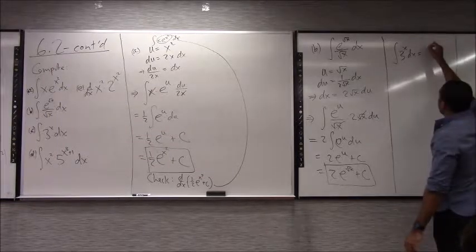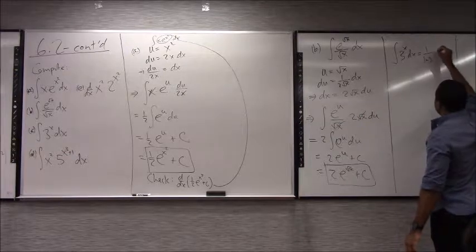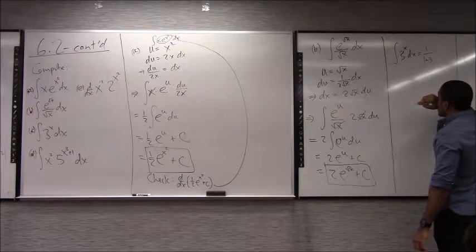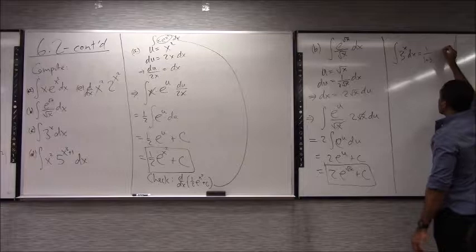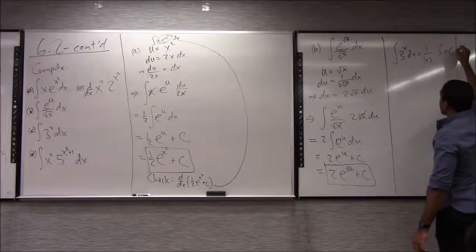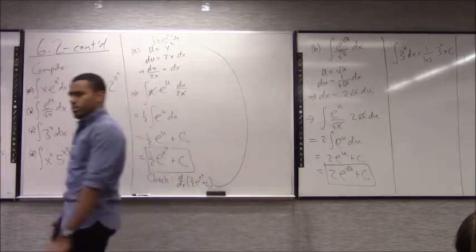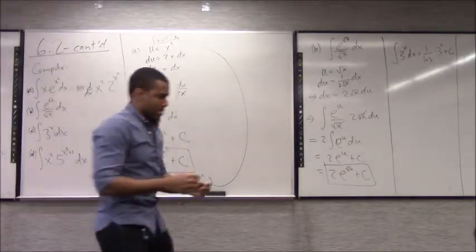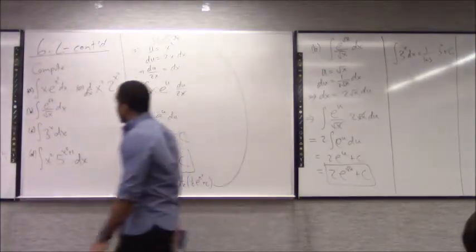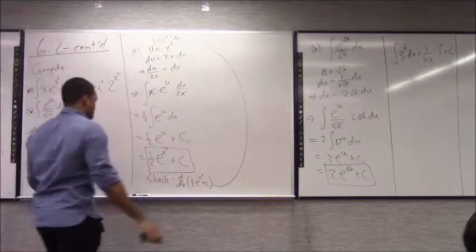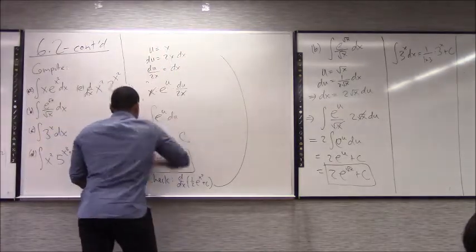One over ln of 3 times 3 to the x. That's actually a nice formula. Did I give you guys that formula? Or no? Maybe I wanted to see if you guys would try the power of on it, but you passed.